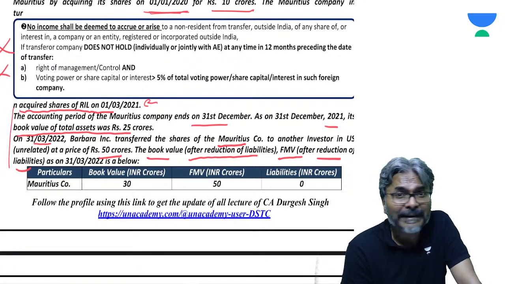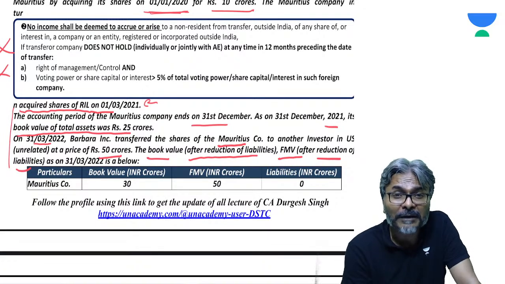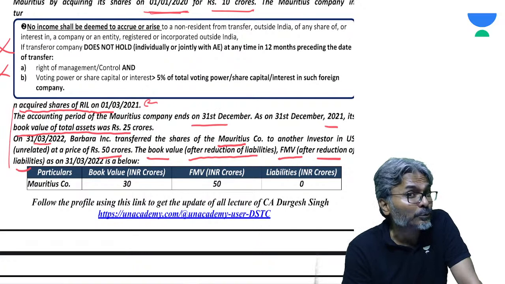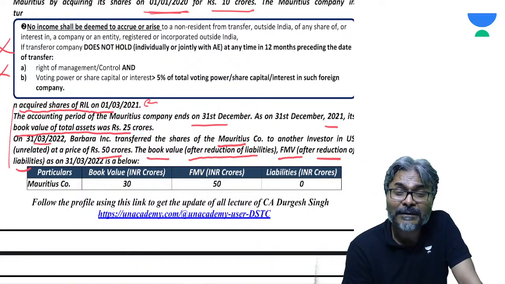So it is not the net asset approach that has to be followed. It is the gross approach that has to be followed to determine the fair market value in the indirect transfer question.